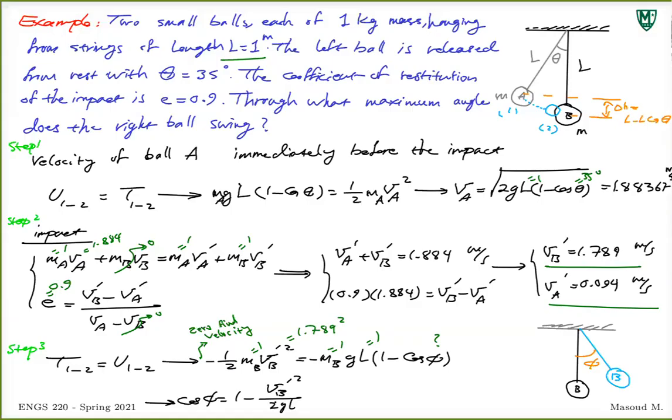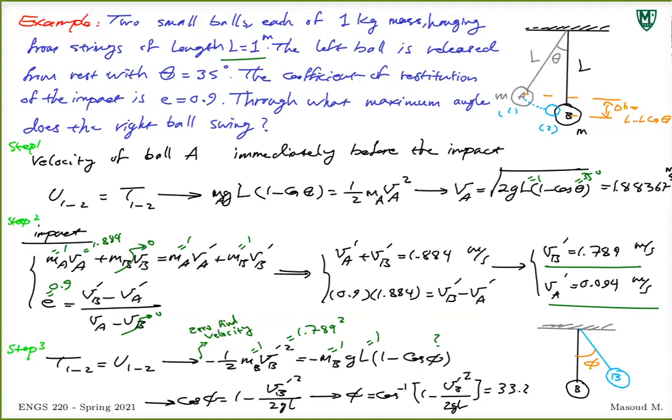So from there, phi becomes cosine inverse of this expression. I don't know why they put those parentheses there.